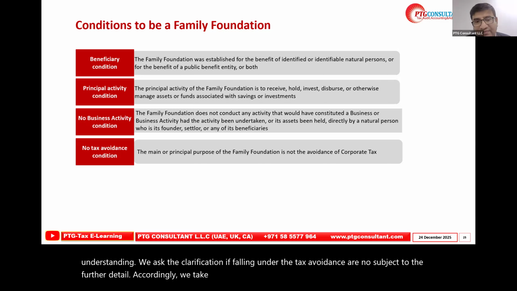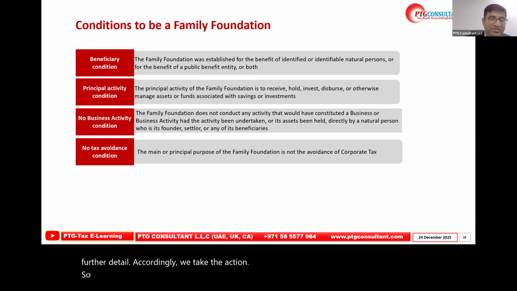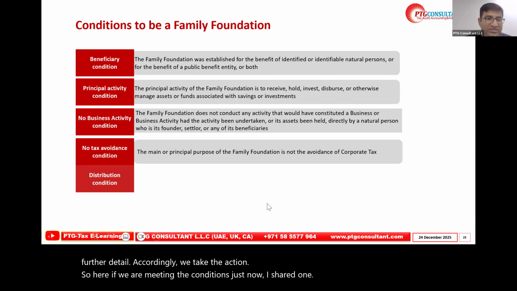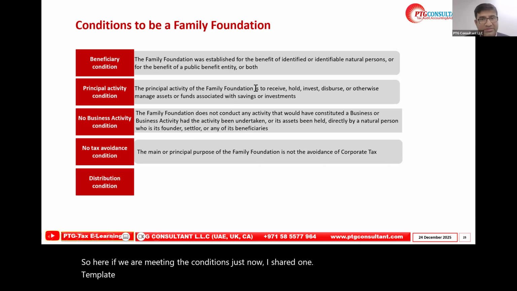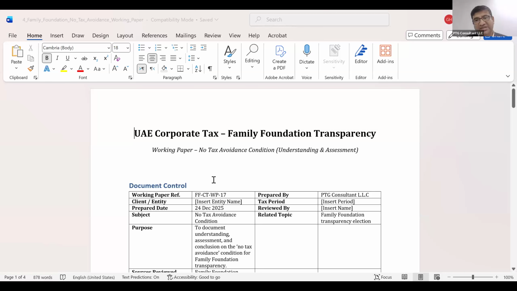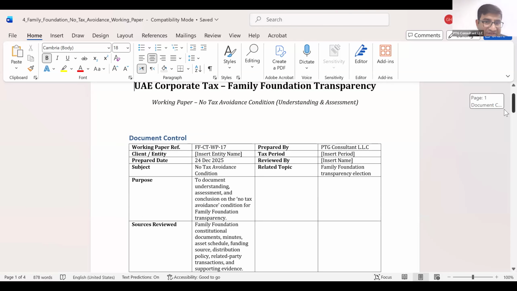So here, if we are meeting the condition, just now I shared one template regarding no tax avoidance. Let me go to the no tax avoidance one. Here again, the working paper or the undertaking for assessment, we can get the detail from the client and see how we can satisfy this condition.